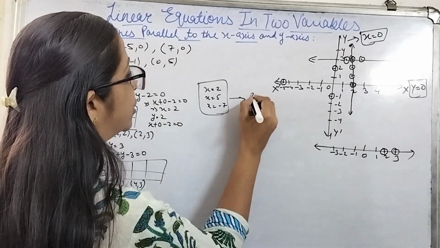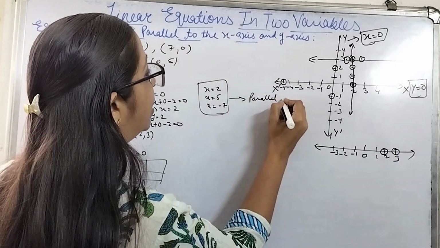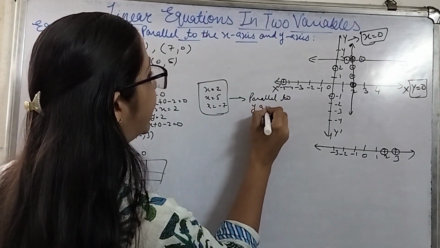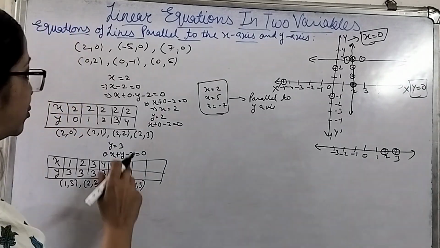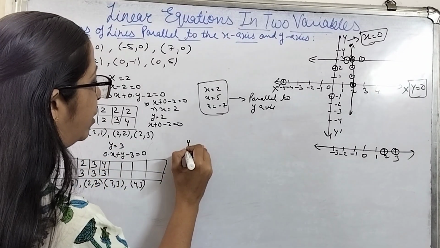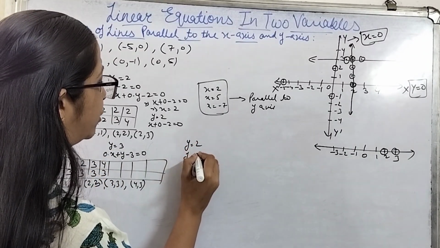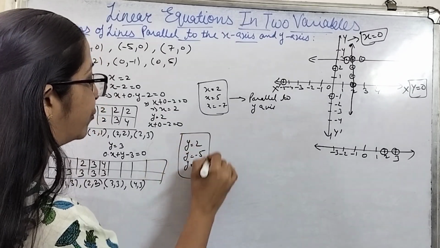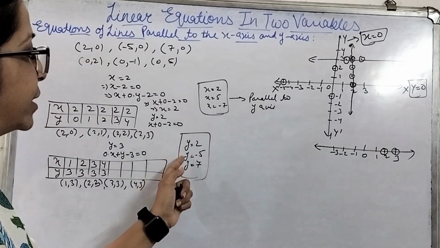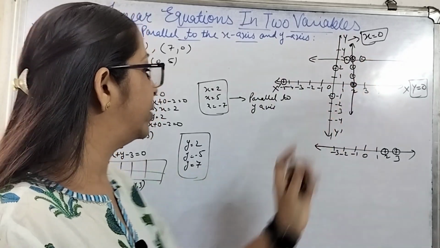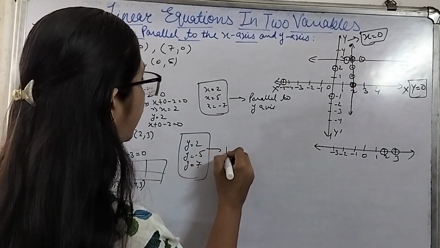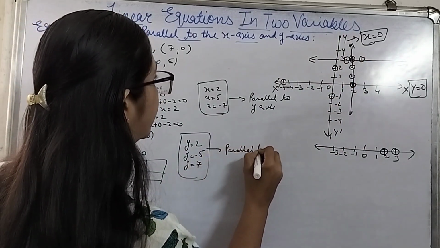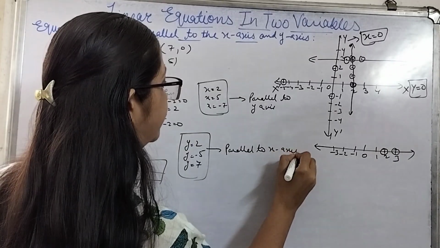And if we take any equation of the form y equal to 3, y equal to minus 5, y equal to 7, then on the graph they will form a line parallel to your x-axis.